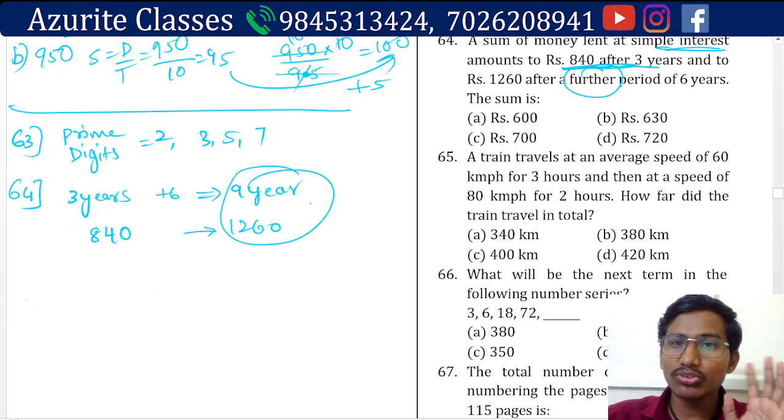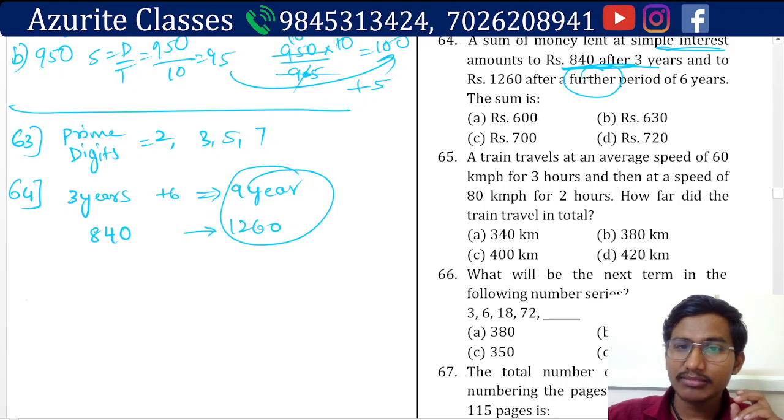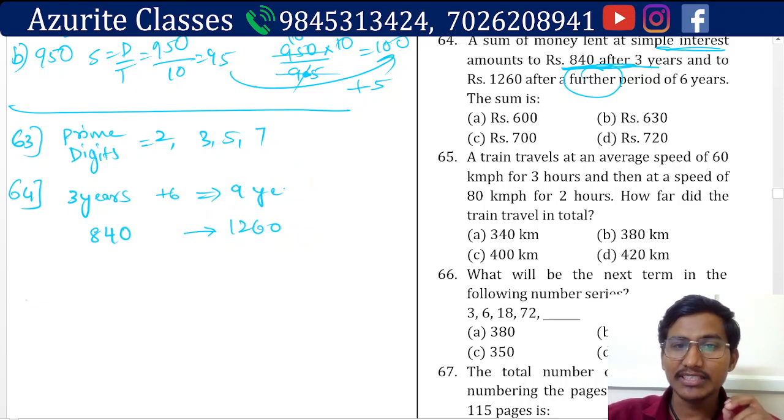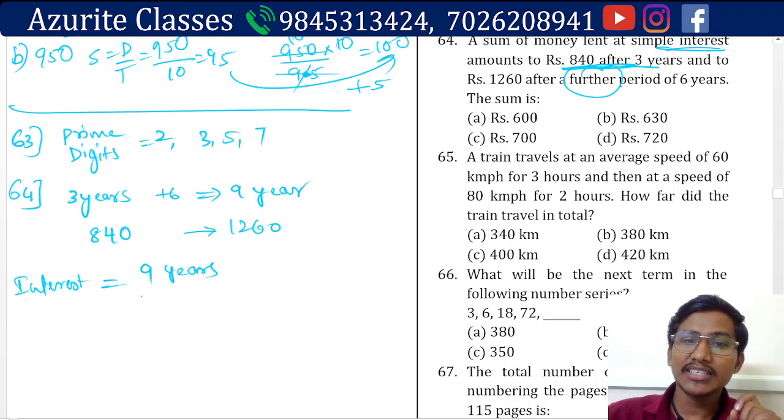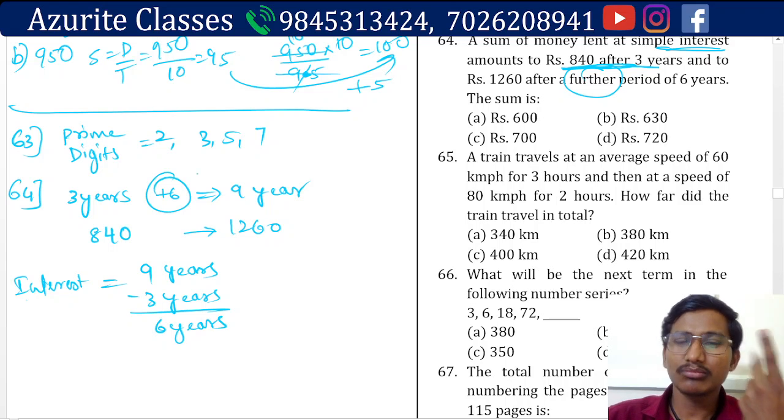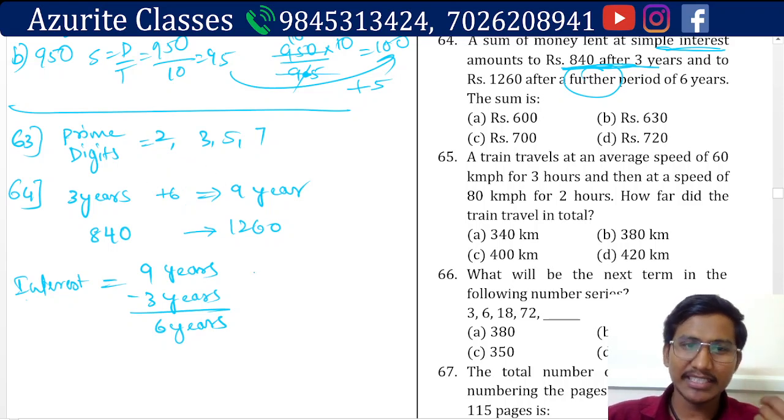If you subtract both of them, you will get the interest for how many years? Interest is equal to 9 years minus 3 years, that is 6 years, the further period.